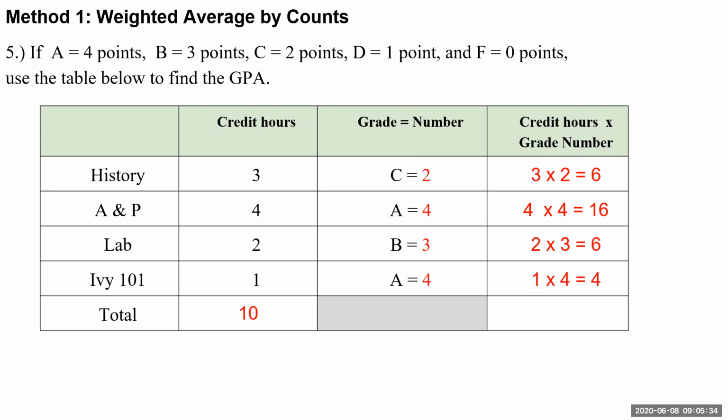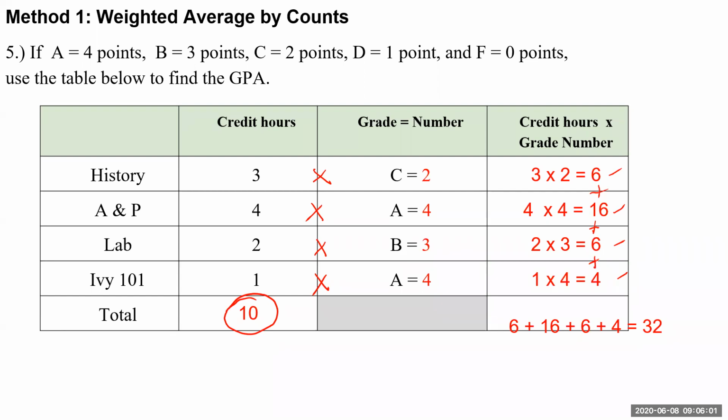So you get a C there, and then you have a C in AMP, B, and these numbers are assigned. Now you realize that the total credit you have is 10. That is the total credit for the semester. So we are now going to multiply each of these numbers, and that gives us that. Now you sum these numbers, you put them together, and you have a total of 32.